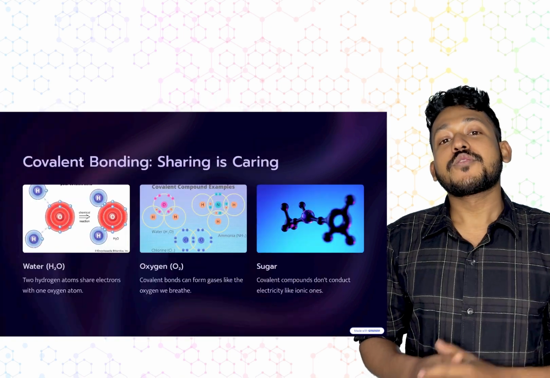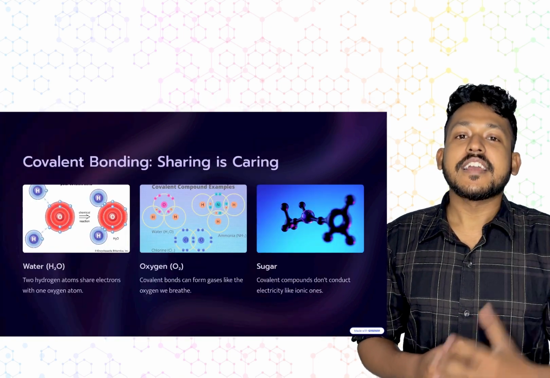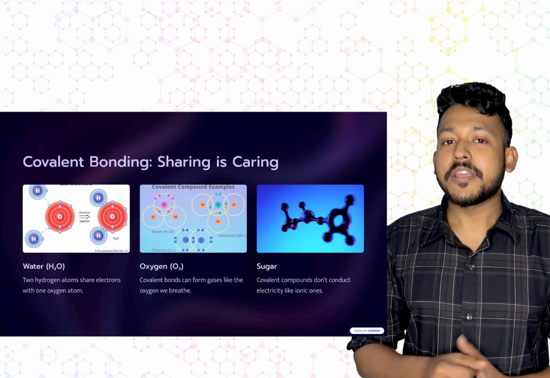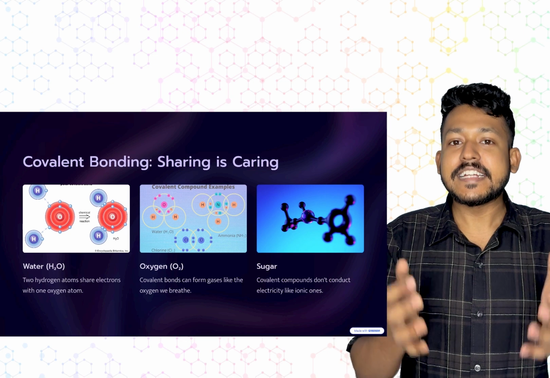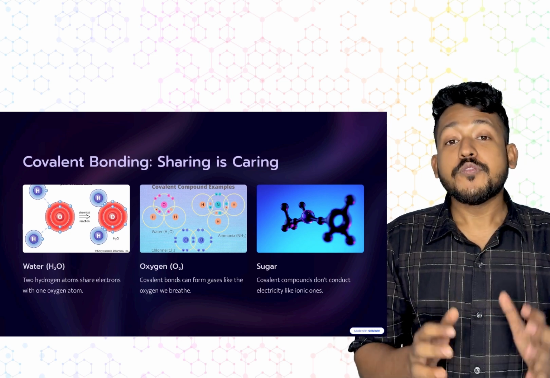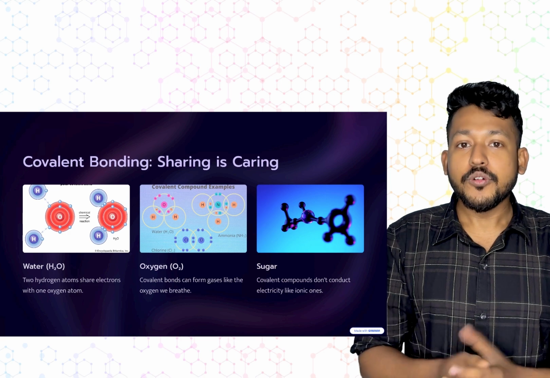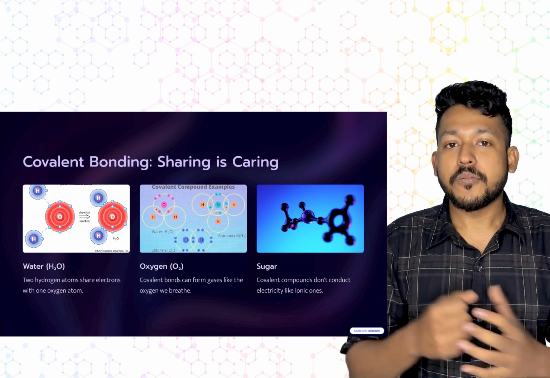Next, let's talk about covalent bonding. In covalent bonds, atoms share electrons instead of giving them away. It's like two friends sharing a chocolate bar. Each gets one piece and both of them are happy. For example, in water, which is H2O, two hydrogen atoms share electrons with one oxygen atom.